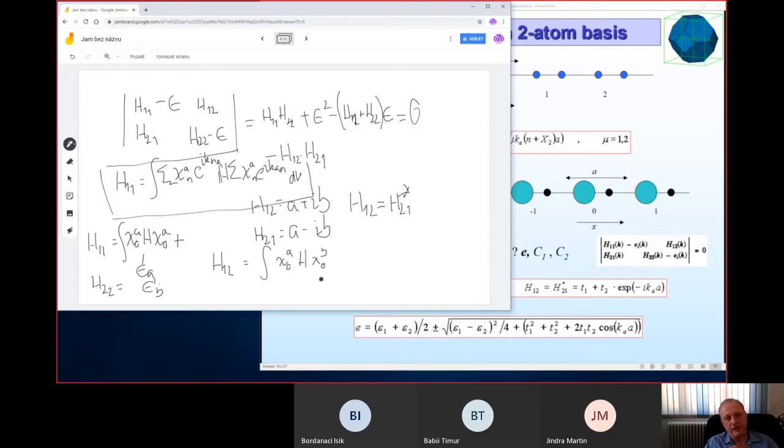A0b. So this is the interaction within the unit cell. But then there is another term where this orbital 0a interacts with the A, let's say -1b, but this -1 has an exponent minus i k a, and I will finish this.